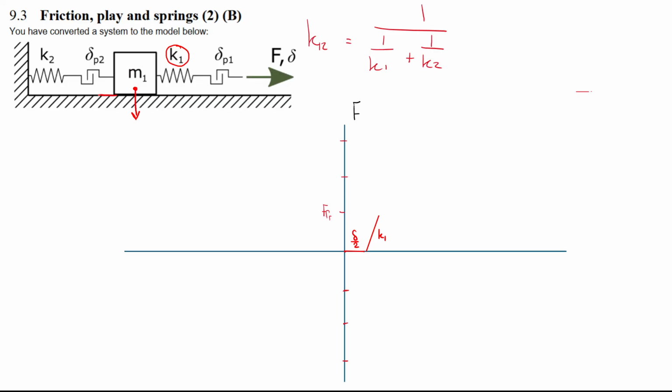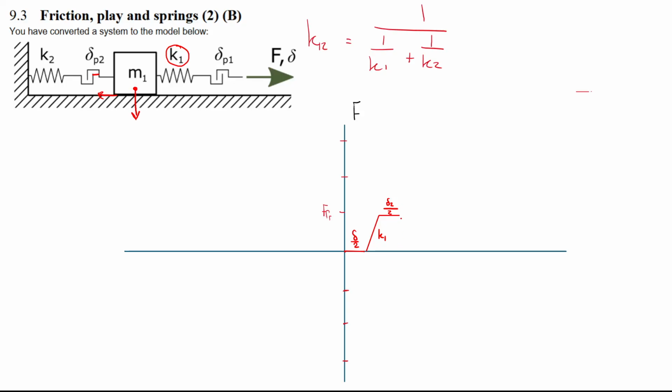Because you can imagine it of course doesn't have a friction force when it hasn't been pulled on, but as the force increases, friction force increases, and once this force is greater than this force, it will start moving. And what will happen then? First, the second play will come into account. So this is now play 2 over 2, half of it, right?